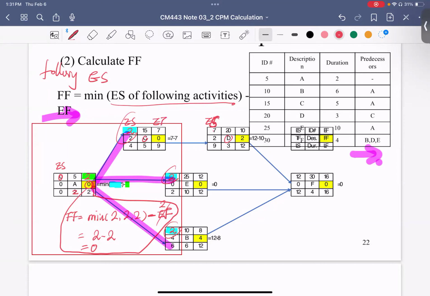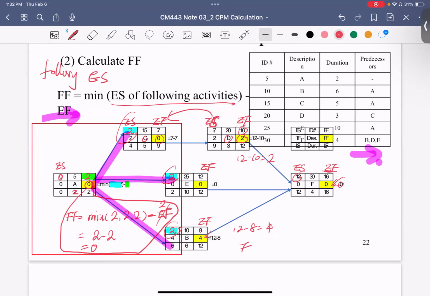So the early start time minus the early finish time, 7 minus 7, gives 0. Same for E: 12 as the early start time and 12 as the early finish time, so you get 0. With the early finish time 8, 12 minus 8 gives 4, and 12 minus 10 gives 2 here. For the last one, you just put in 0 here.